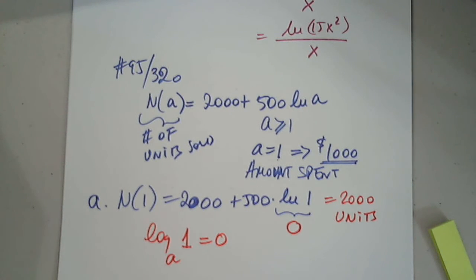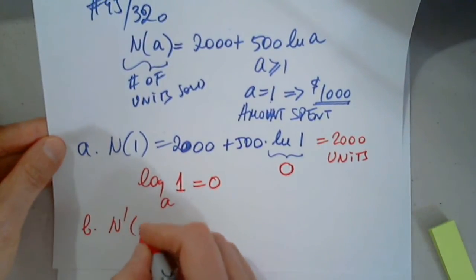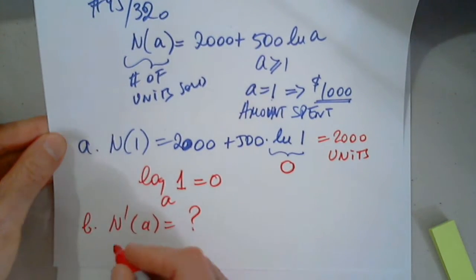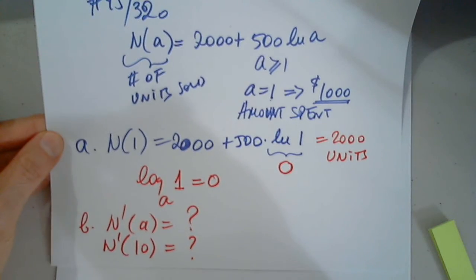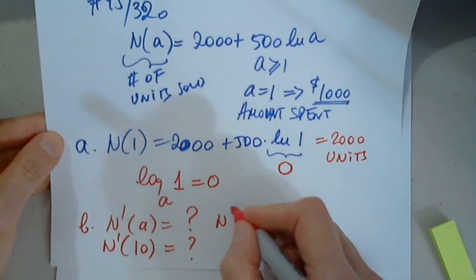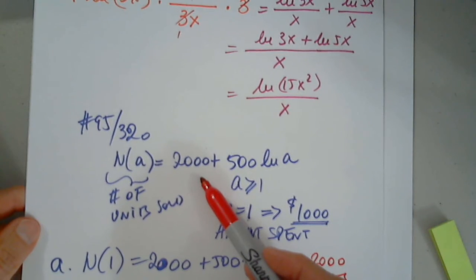Part B. They're asking us to find N prime of A and N prime of 10. So in part B, they want N prime of A, and after that, N prime of 10. So let's determine N prime of A. When I differentiate a constant, what do I get?